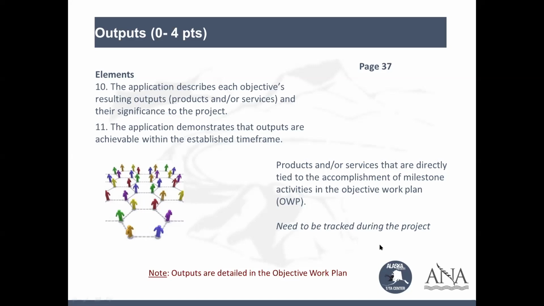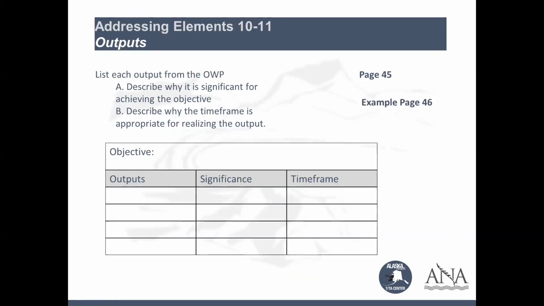We suggest that you develop your objective work plan and then come back to write this section of the narrative for your application. In addressing elements 10 and 11, you'll want to list each output from the objective work plan.